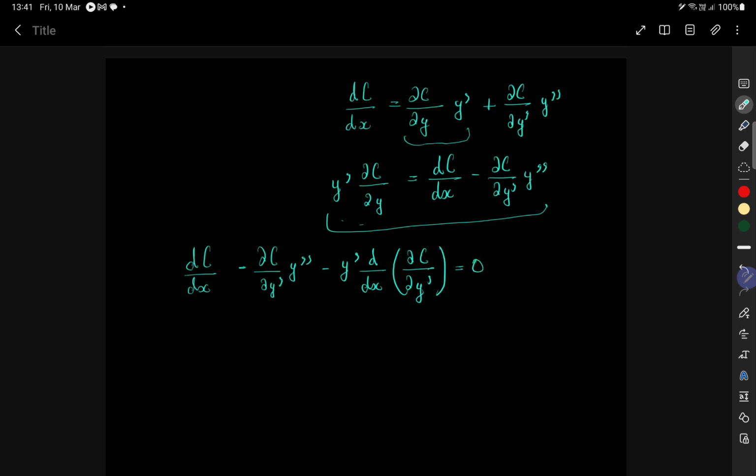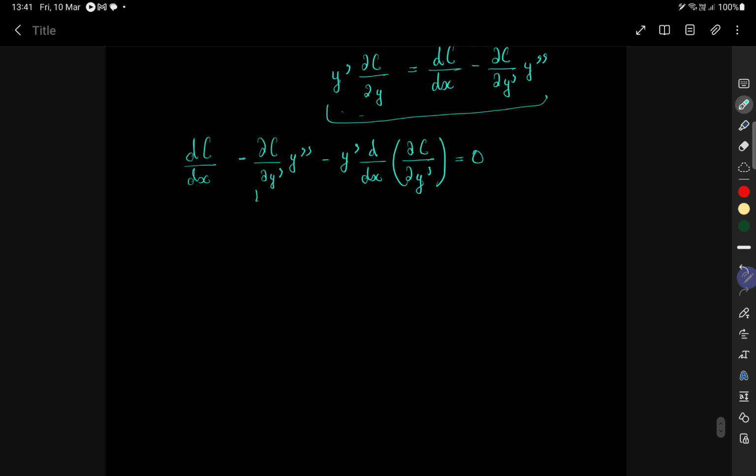Now if you can see, this bit resembles the product rule, which is uv whole prime should equal u v prime plus v u prime. Here u is partial c by partial y prime, which means u prime is this term, d by dx of partial c by partial y prime, and v would be our y prime, giving y double prime as our v prime.